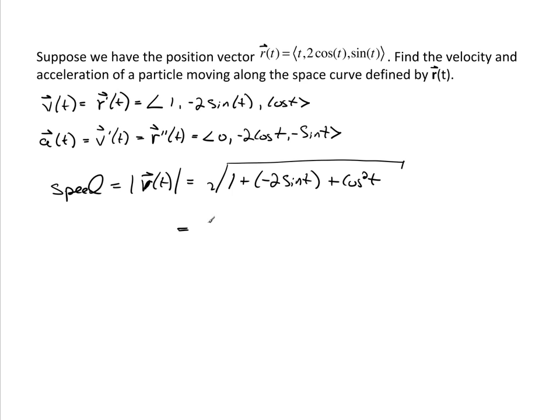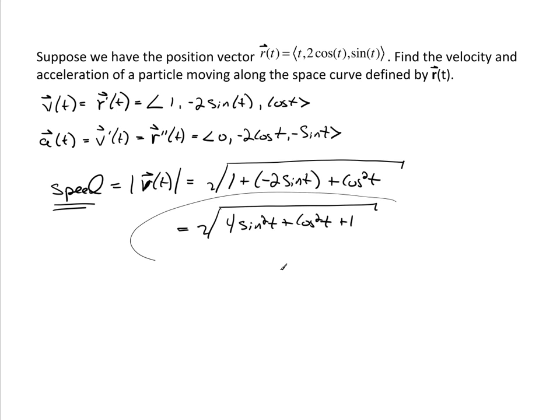So this is simply going to be the square root of 4 sine squared t plus cosine squared t plus 1. So the speed is still a function of t here, so until I give it an actual value of t, I won't be able to define exactly what the speed is. It's a function of t, so clearly the speed is changing as this particle is moving along because, well, the velocity is changing.